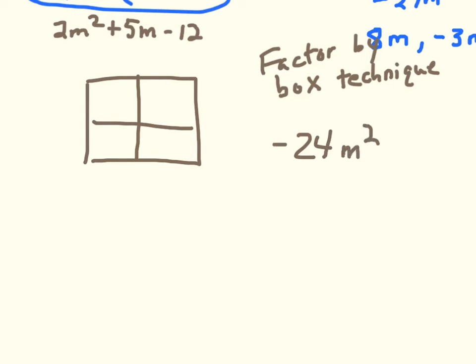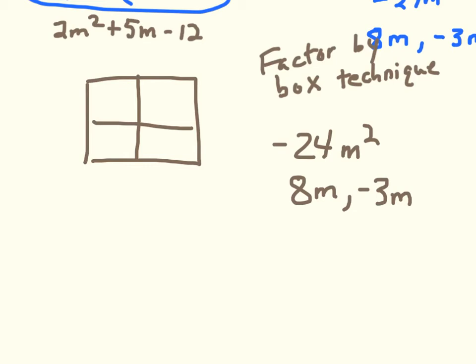And just like I did before, I want to think of factors of negative 24m squared that sum to positive 5m, and I'm going to have those same factors, 8m and negative 3m. All right. Now here's where I'm going to put everything.